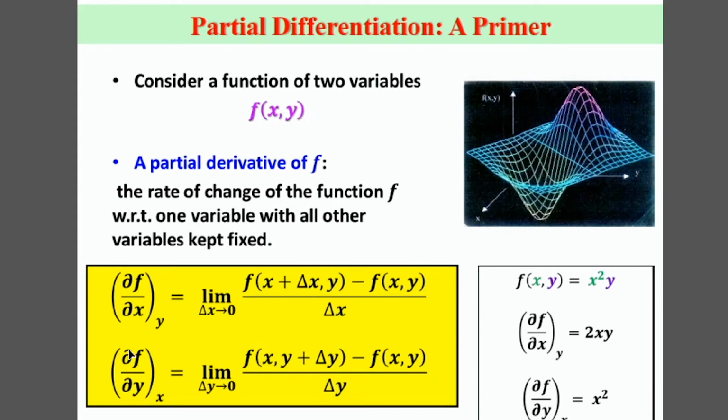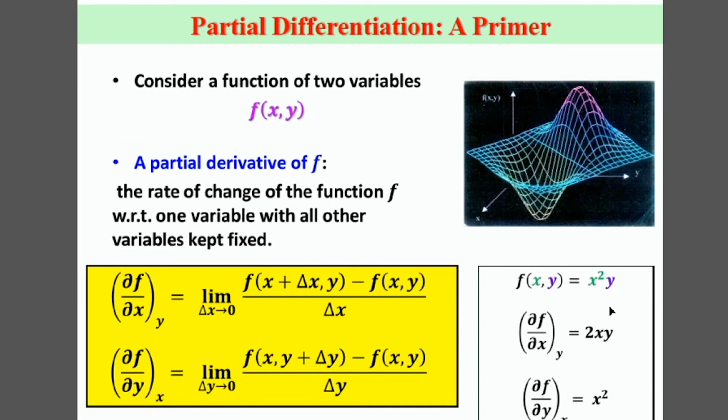Similarly, the function can be differentiated with respect to the other variable. Since it's a function of x and y, it should be differentiable with respect to y, keeping x constant, and then see the change in the function with the incremental change in y, f(x, y + Δy) minus f(x, y), divided by the total change in y, with the limit of Δy tending to 0.